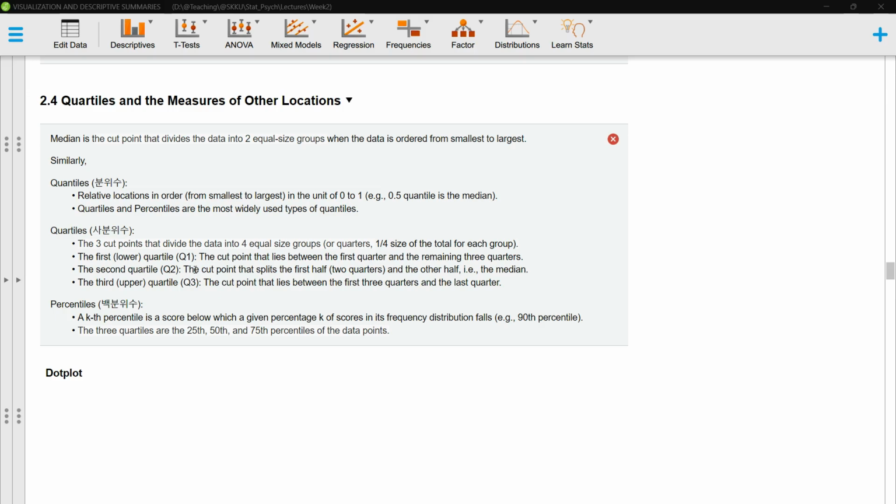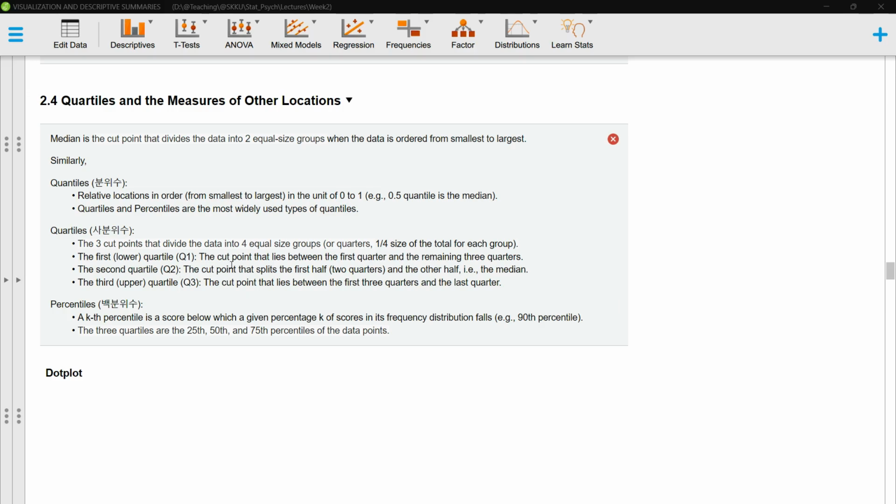So the second quartile is the same as the median, and the same as the 0.5 quantile. And for Q1, what is the equivalent quantile? That is the 0.25 quantile, right? And the third quartile, Q3, is the cut point that lies between the first 3 quarters and the last quarter.